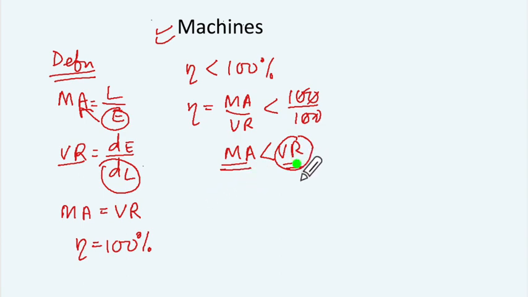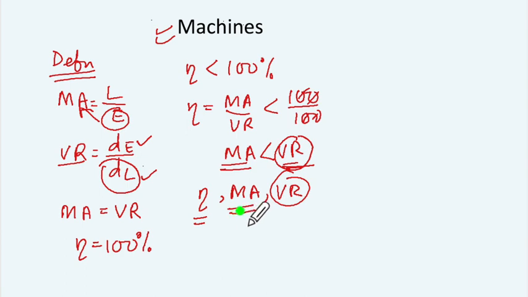Alright, which quantity remains constant, which quantity changes? So they'll give you efficiency, MA and VR. Remember, VR remains constant because the displacement of effort and displacement of load, that is unaffected, but MA and efficiency, they are affected because of the force of friction, mostly between the pulley bearings, between the rope and the pulley, etc. You know all the reasons why the efficiency becomes less.